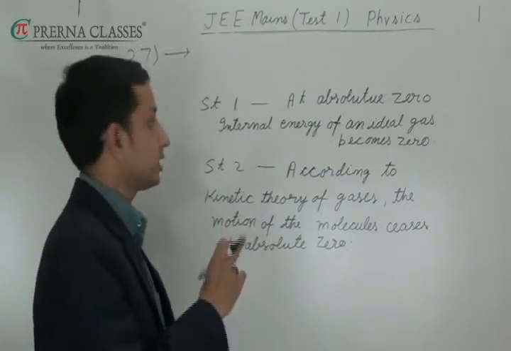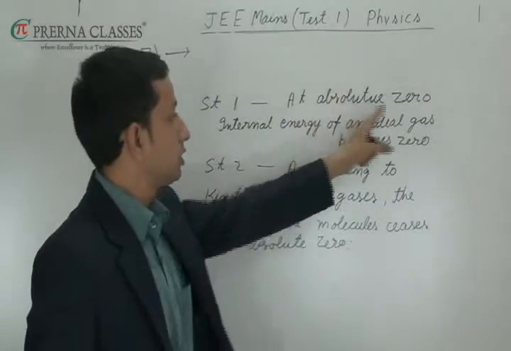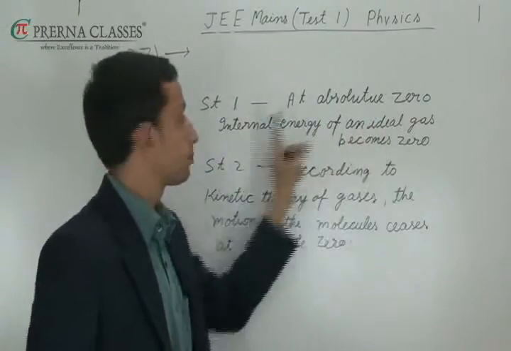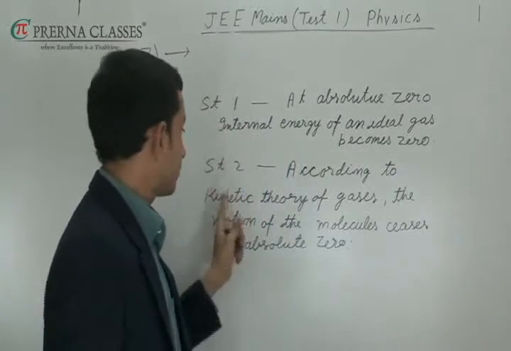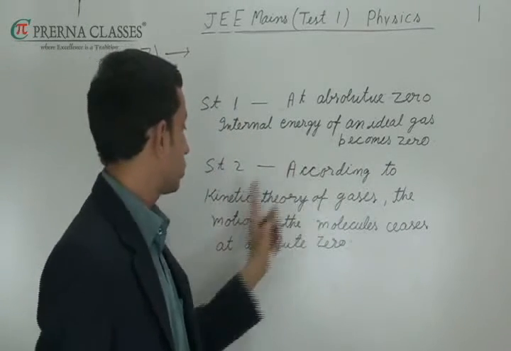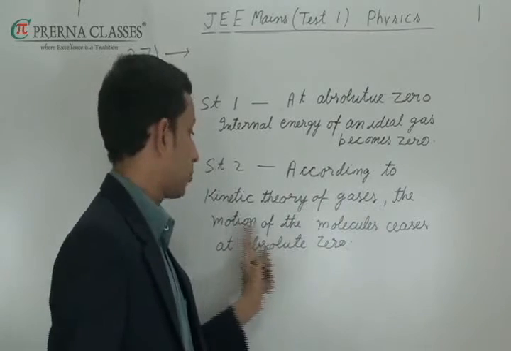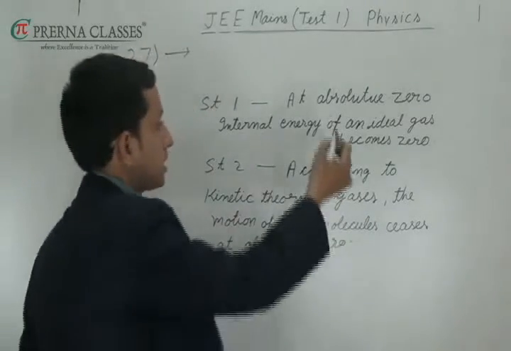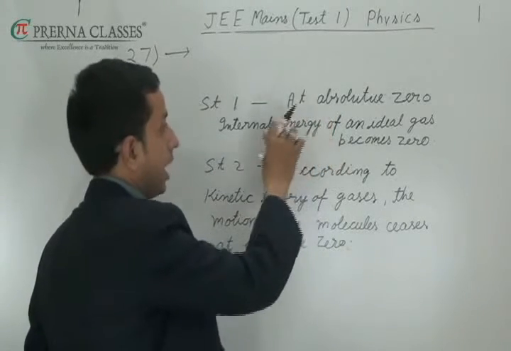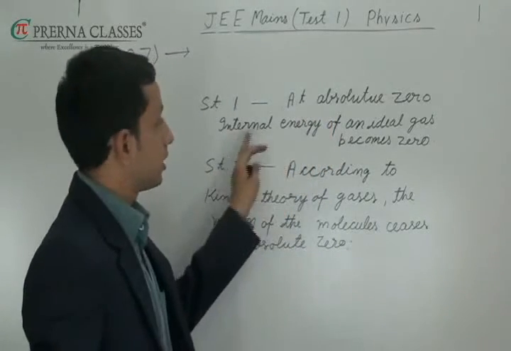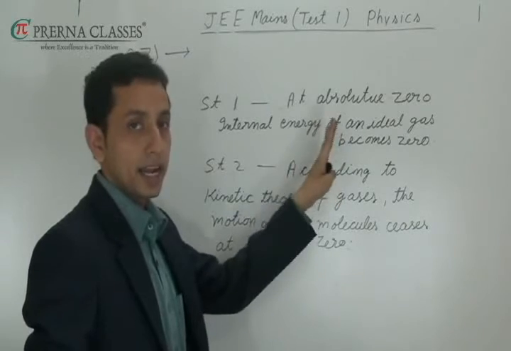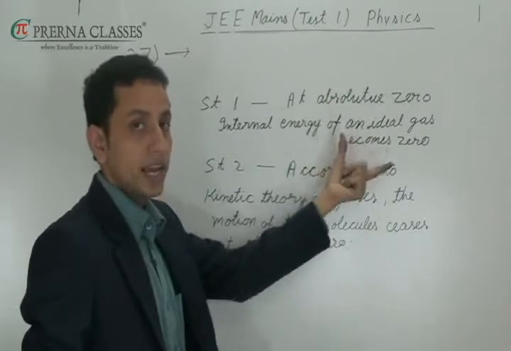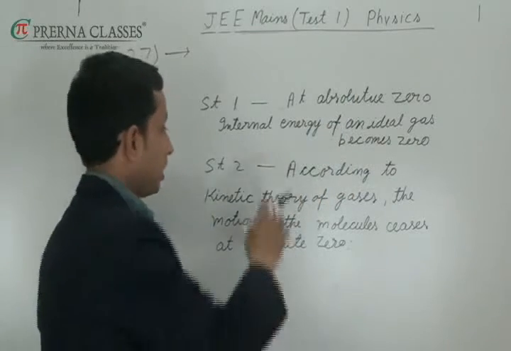Come to question number 27. At absolute zero, internal energy of an ideal gas becomes zero. This is statement 1, and statement 2 is, according to kinetic theory of gases, the motion of molecules ceases at absolute zero. So first statement is correct. Although if it would have been a real gas, the scenario would be different.